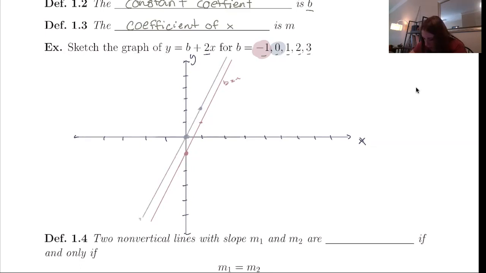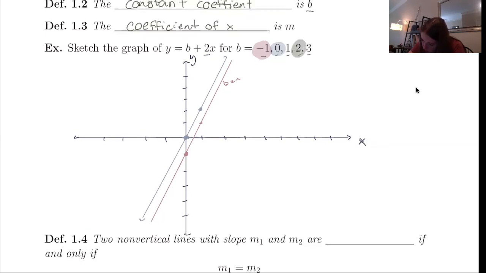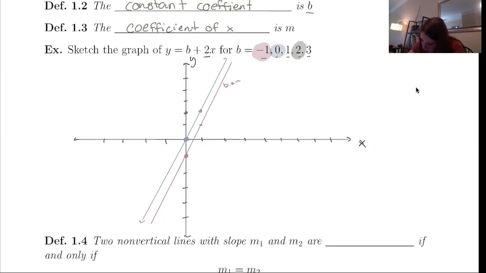Okay, and that line goes on forever. So that was b equals 0. And we're going to keep continuing this. Let's do 2. That'll be our last one that we draw. There we go.